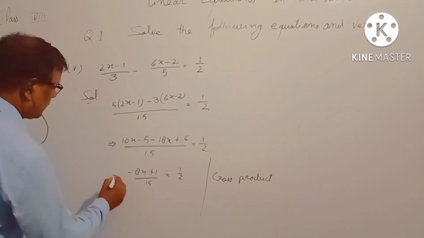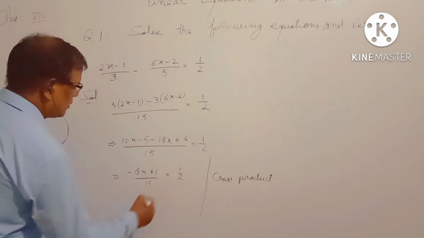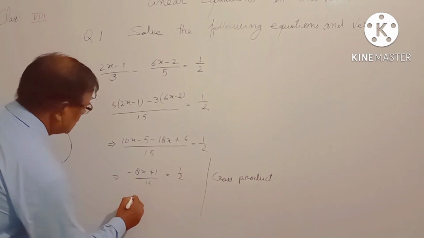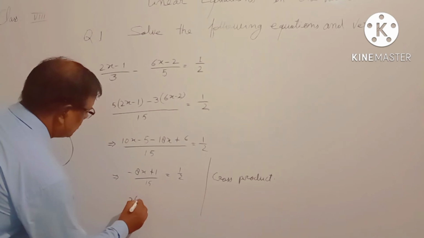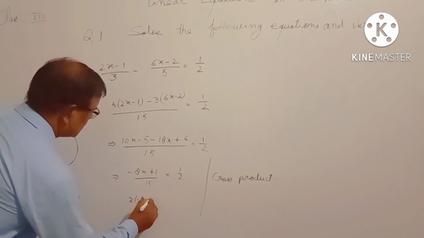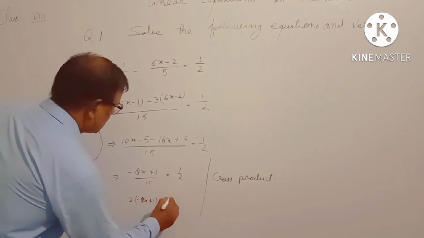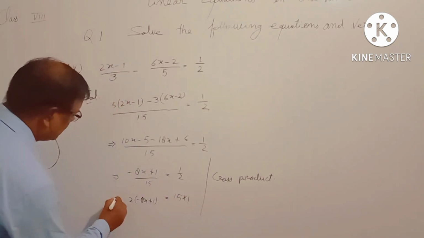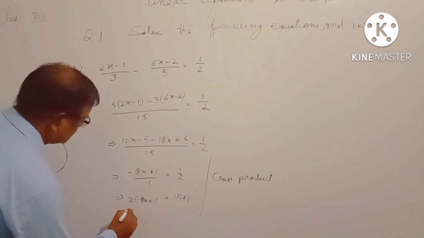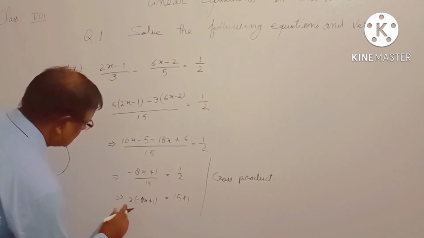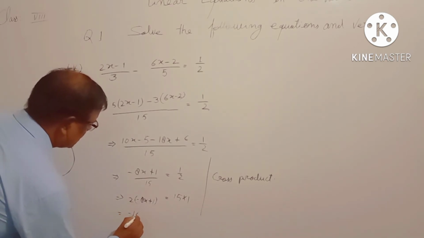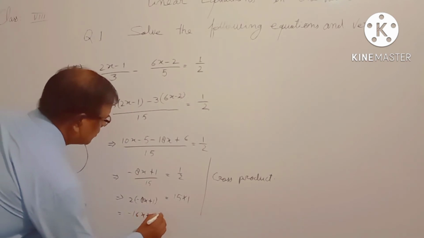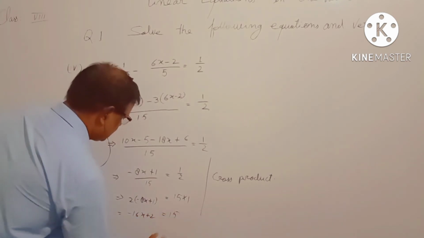Now we multiply this way, as we are writing here cross product. 15 ones are 15, and 2 into minus 8x plus 1 equal to 15 into 1. Now it will be minus 16x plus 2 equal to 15.